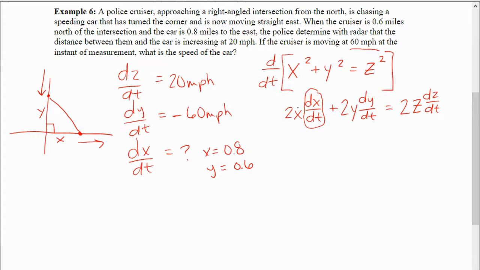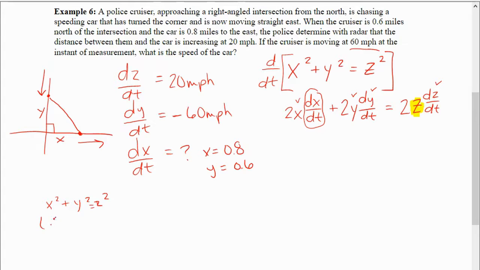All right, we know the value of our x, we know the value of y, we know dy/dt, we know dz/dt, but we do not know what the value of z is at this particular instance. So we are going to have to do a side calculation again with our Pythagorean theorem. So x squared plus y squared equals z squared.